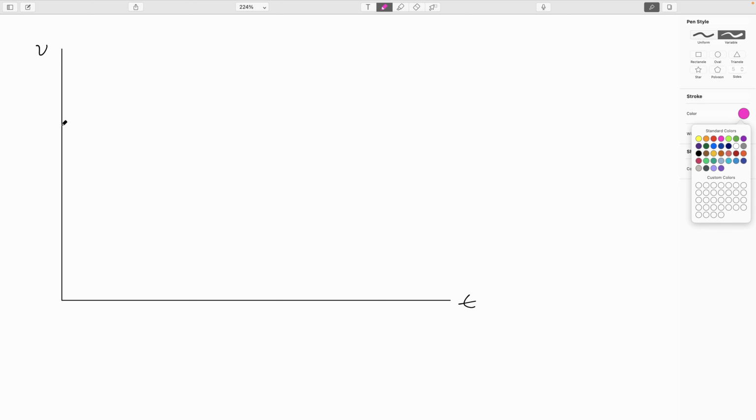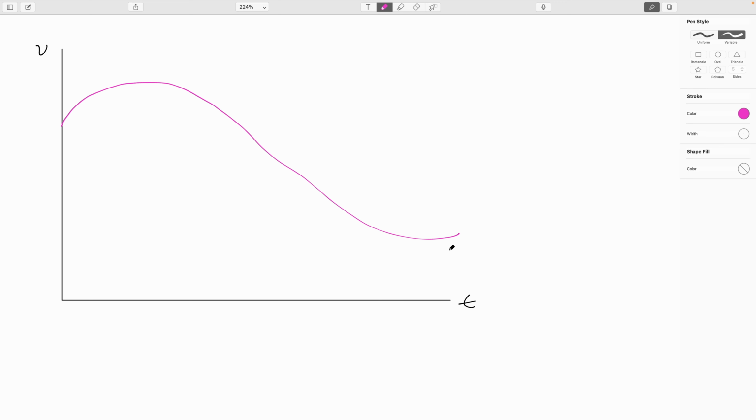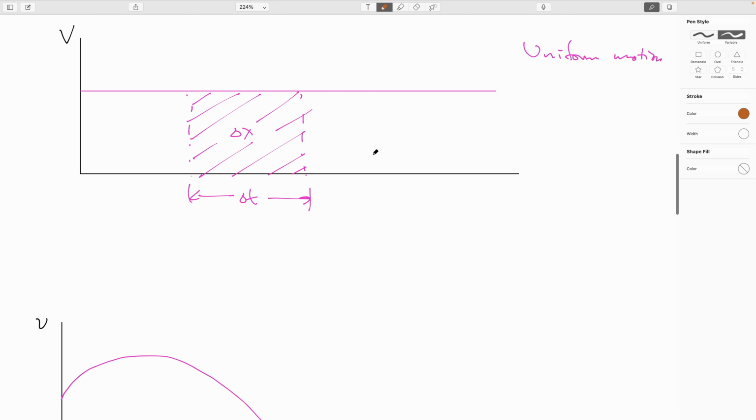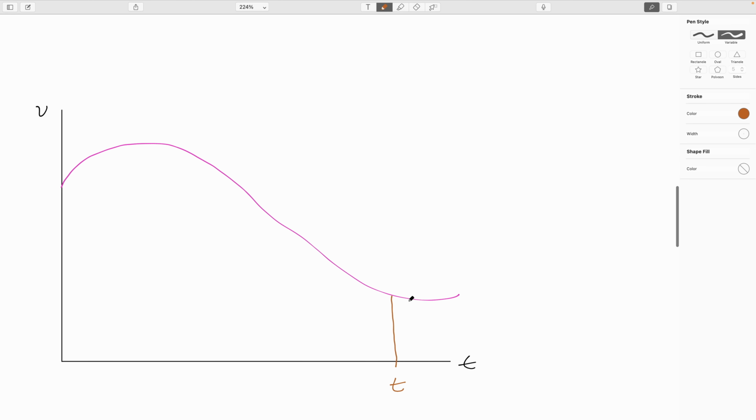So again, let's say this is my plot of velocity versus time, and I am interested in knowing the displacement from time 0 out to this final time t. So how can we do that? The recipe we had before worked if our velocity was a constant. Here, our velocity is never constant. We can play the same kind of game.